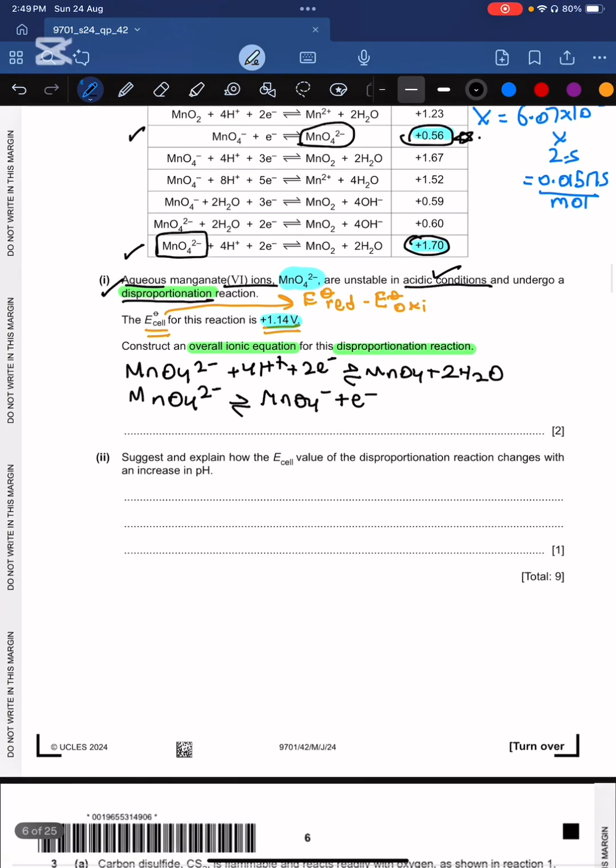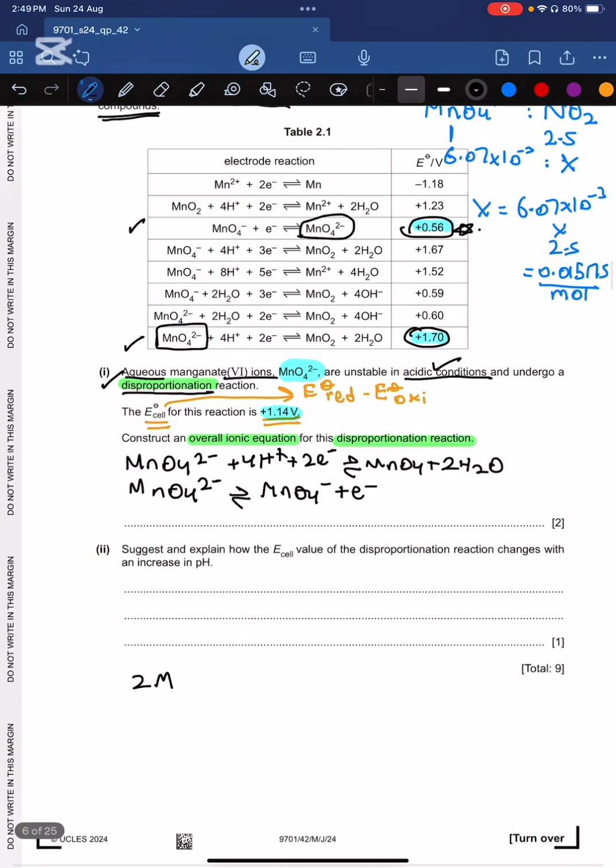Now, whatever is on the left hand side, we write it together. Now, we always flip the oxidation reaction.